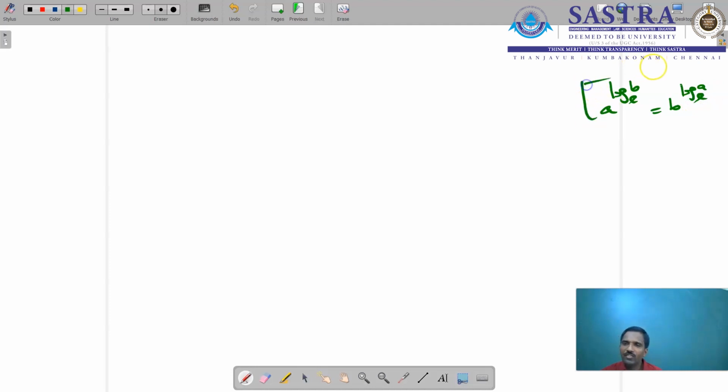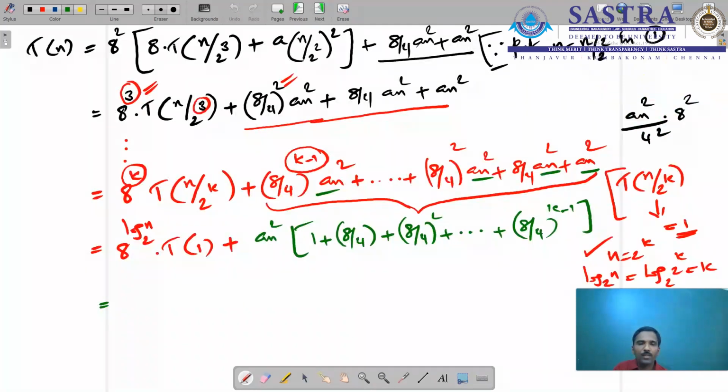We can interchange a and b, whatever is the base. So here the base is 2. Let's interchange this 8 and n so that we will get n power log 8 base 2.